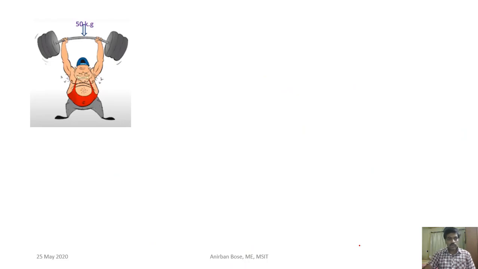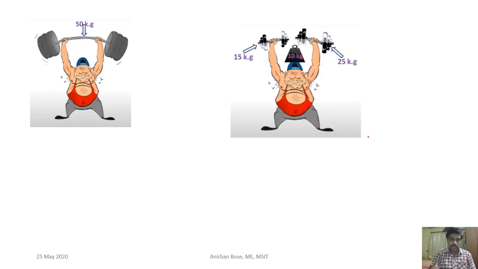Now try to see one analogy through which you can understand. Let us consider that this lifter is lifting a load of 50 kg. Okay, now you see the lifter here is also lifting a total of 50 kg. Here you can see 15 kg is here, 25 kg is here, 10 kg is here. Total is 50 kg.